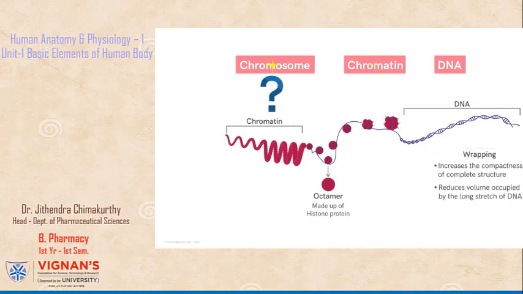And what is this chromosome now? In any metabolically active cell, the genetic material is always present in the form of these tangled threads, that is the chromatin. But during cell division, these threads condense to form a structure which appears somewhat like this. And this is nothing but the chromosome structure. So are chromatin and chromosome the same?